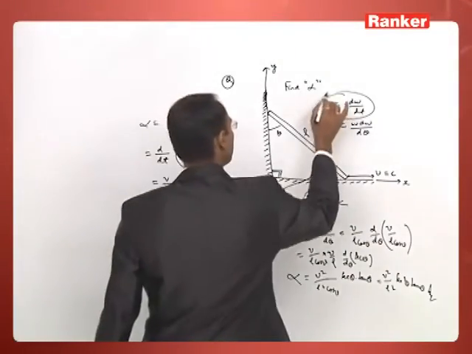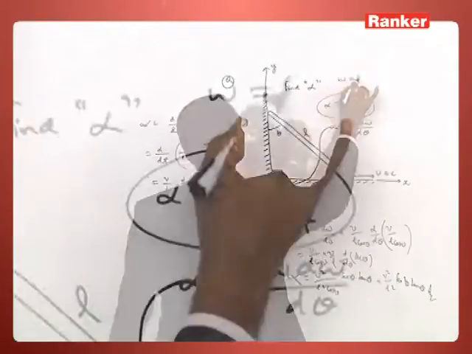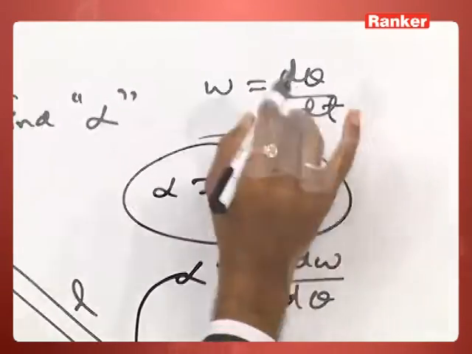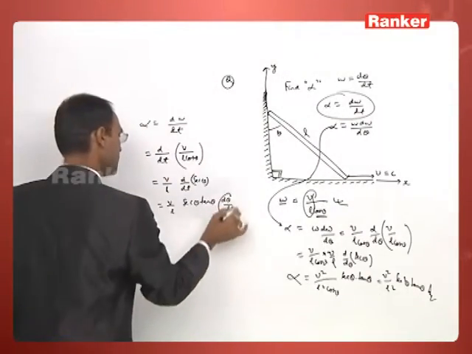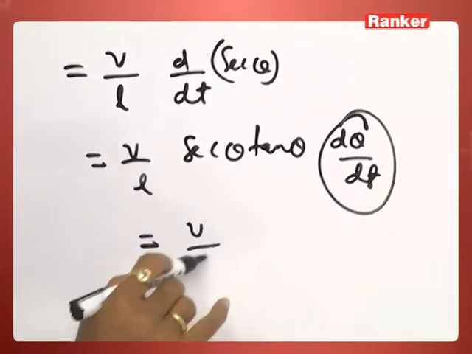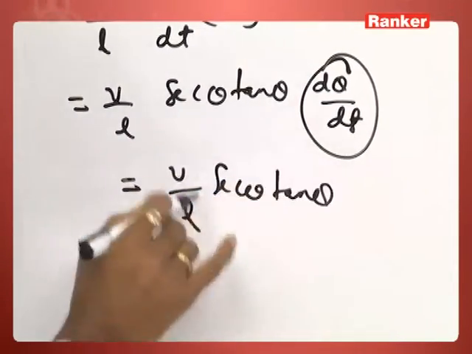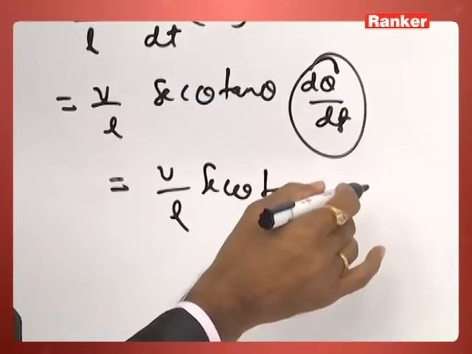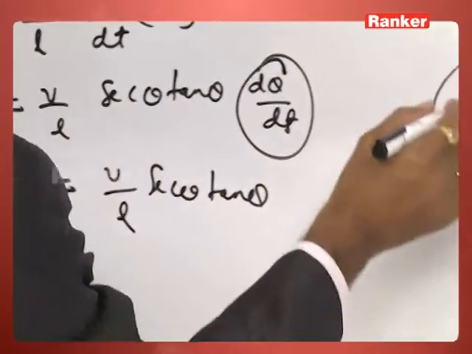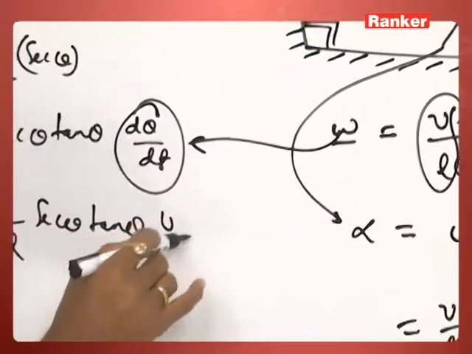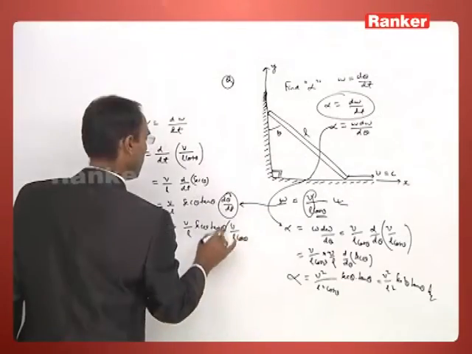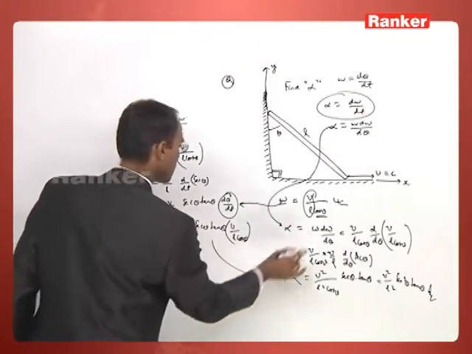But we know that d theta by dt is equal to omega. Secant theta into tan theta into V by L, and instead of d theta by dt, or omega, you can write again V by L cos theta. Are you not getting the same answer? You must get the same answer.